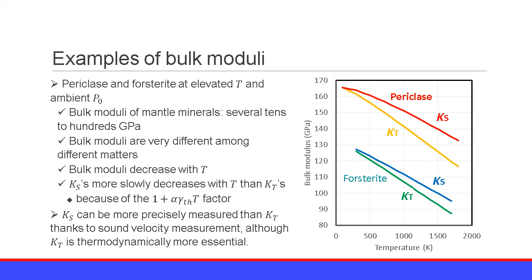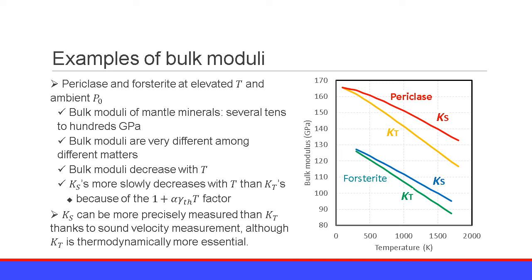You can see the bulk moduli of periclase and forsterite are very different. So bulk moduli are very different among different minerals. This feature is a distinctive difference from the heat capacity, which is more or less the same at high temperatures.